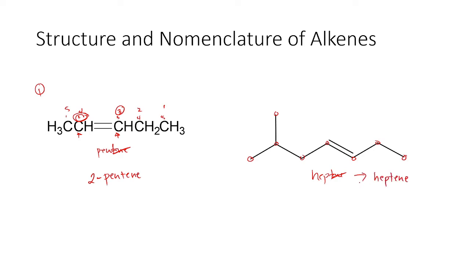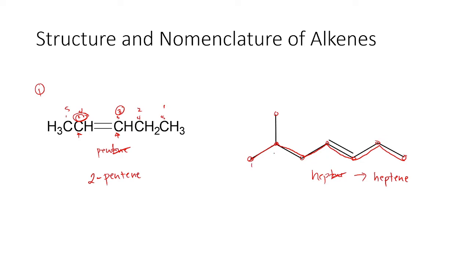Then we just need to look for the lowest possible number for our substituents and the double bond. So first, if we consider this red line here as our parent chain, what will happen here is we need to assign numbers to this parent chain.